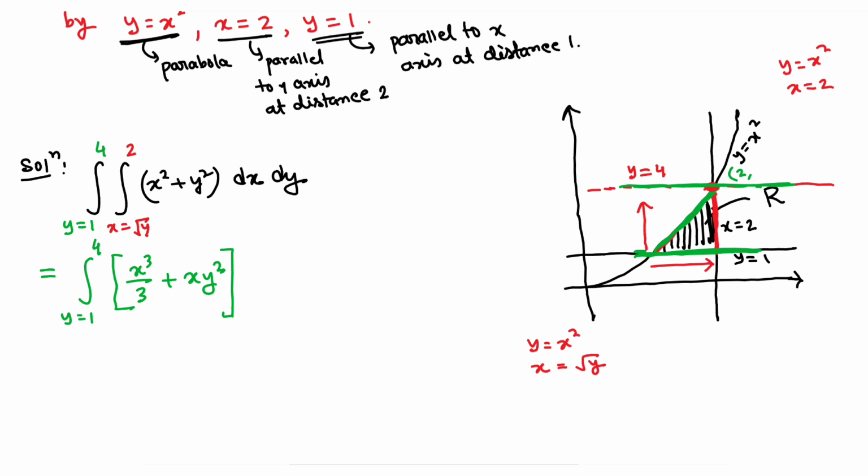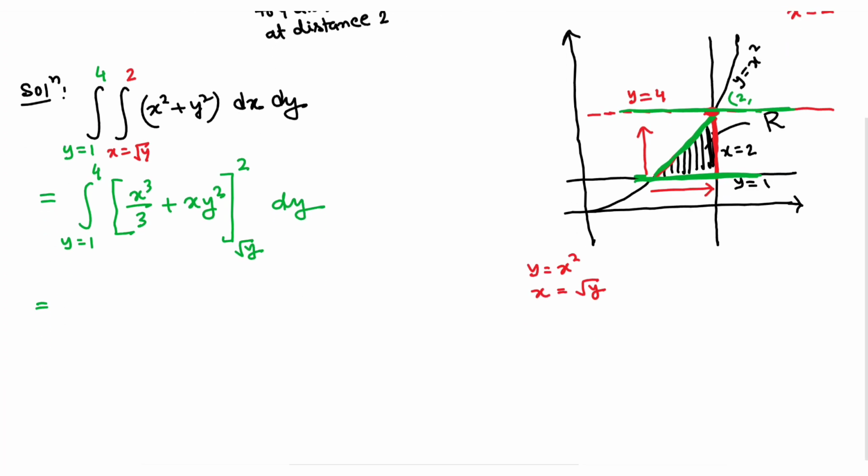So the x limit is root y to 2, dy, and this equals the integral from y equals 1 to 4 of 2 cube means 8, 8 by 3 plus 2y square, minus the lower limit: y root y.